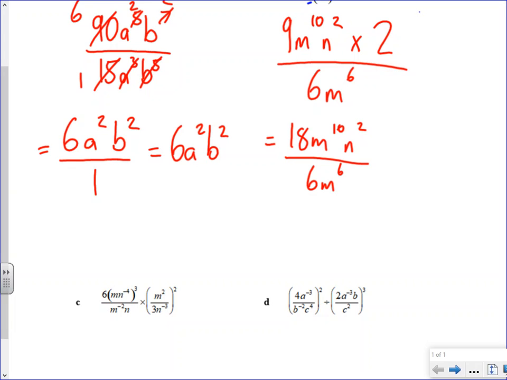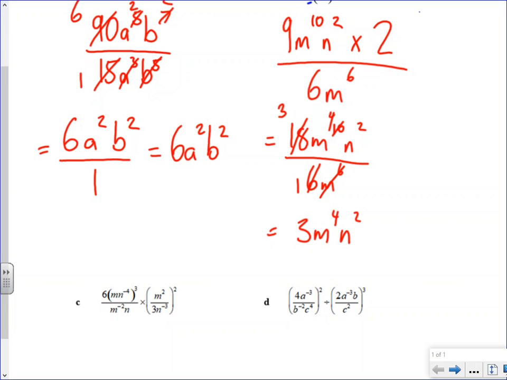Highest common factor is 6, so that becomes 3. That becomes 1. Now we're looking at the m's. We have 10 m's on the top and 6 m's on the bottom, so we can cancel out 6 of them, leaving only 4 on the top and all the m's on the bottom go. And we can't cancel out any n's, so that's just leaving us again with 3 m to the power of 4, n to the power of 2.